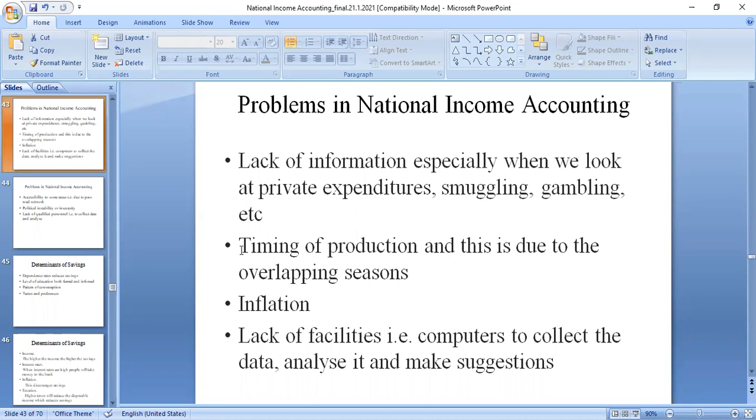Then there is another problem of inflation, where we see that inflation is the persistent increase in the general price levels in an economy, right?